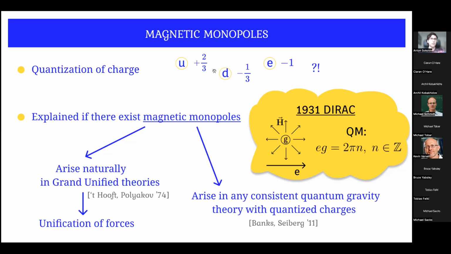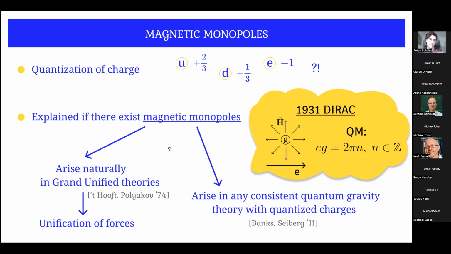But if one involves magnetic monopoles, then, as was shown by Dirac, all electric charges have to be proportional to the elementary electric charge, say the electric charge of the electron, and the quantization condition derived by Dirac explains this quantization of charge.